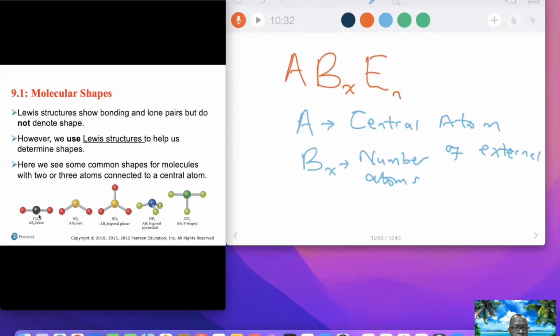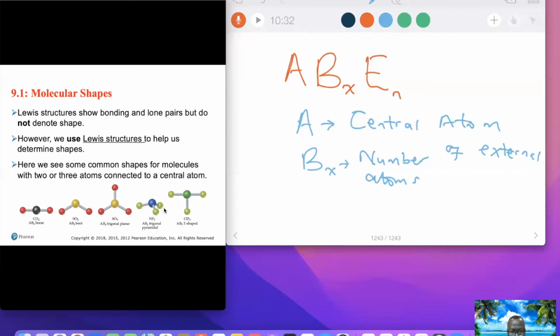For example, in carbon dioxide, carbon is at the center. In sulfur dioxide, sulfur is at the center. In sulfur trioxide, sulfur is at the center. And the external atoms are the oxygens for the first three molecules, or fluorine in the last two.